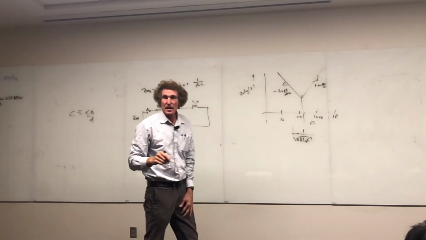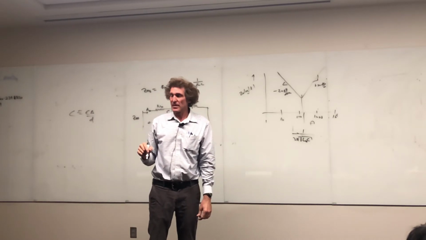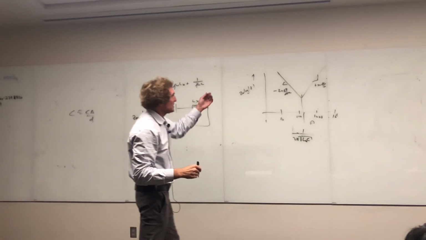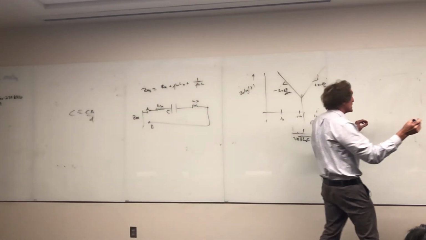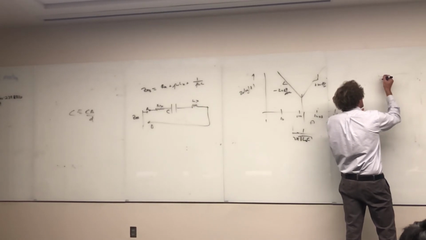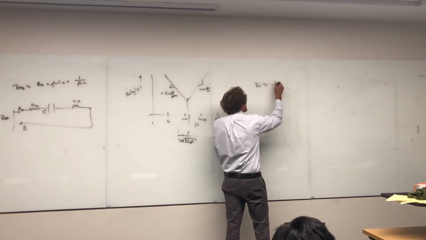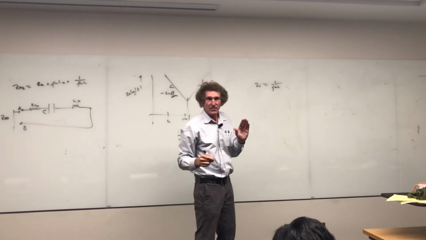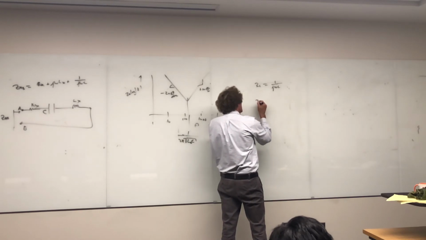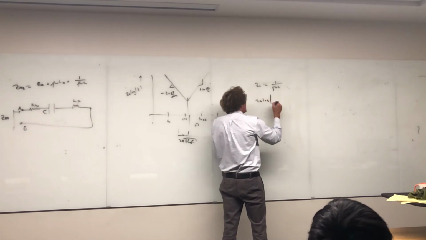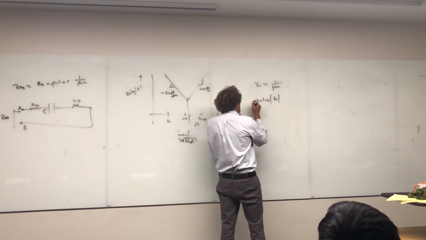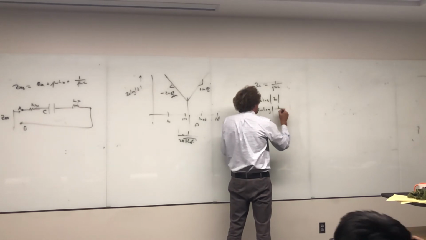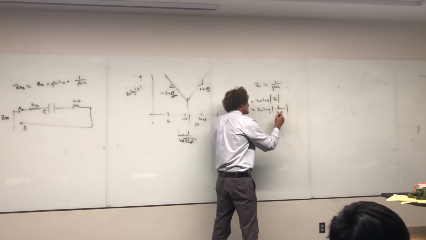By the way, this is something just for your benefit, because I know sometimes people forget this. When I'm talking about 20 dB per decade, let's think about this. First, the actual impedance of a capacitor at low frequencies is 1 over j omega C. Does everybody agree with that? Now, if you take a look at 20 times the log of the magnitude of Z sub C, that would be 20 times the log of the magnitude of 1 over omega C. You can forget the actual j, right?